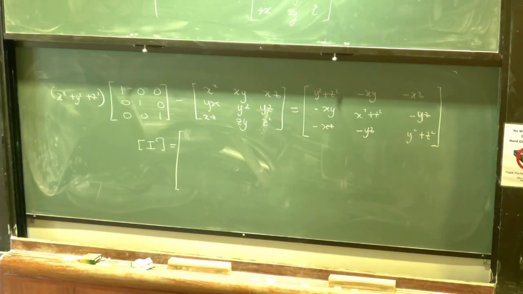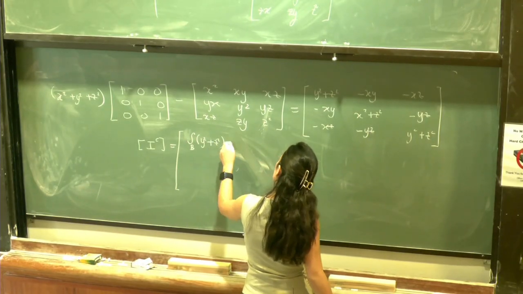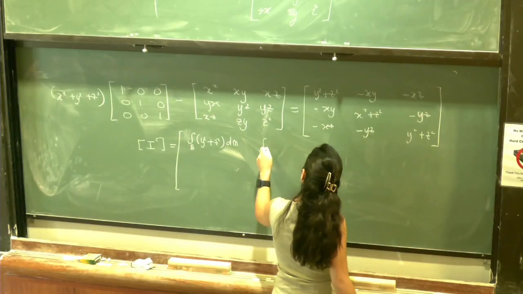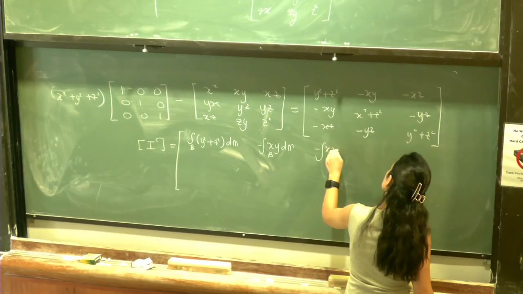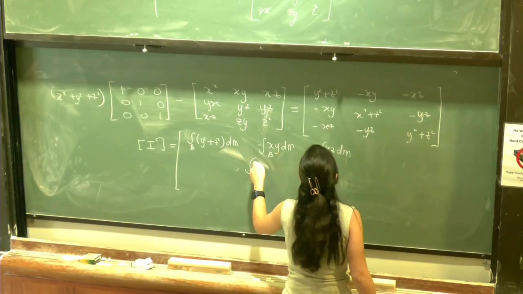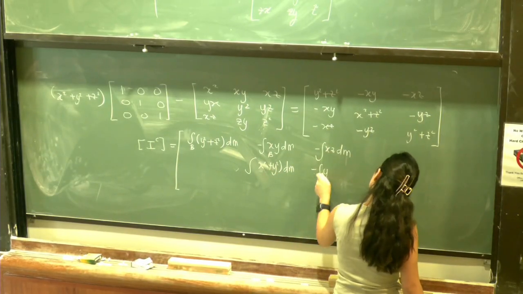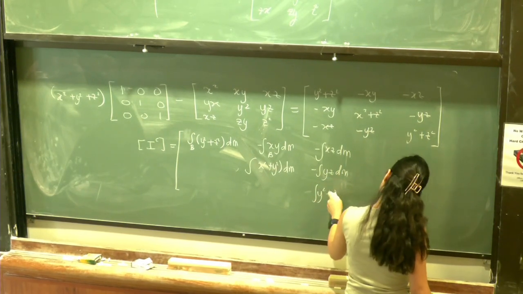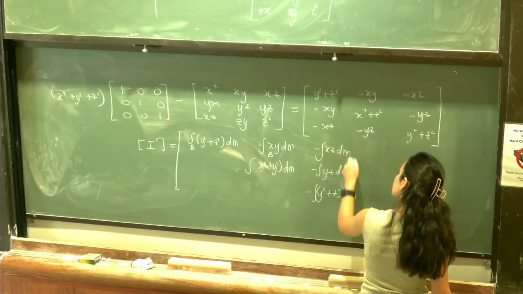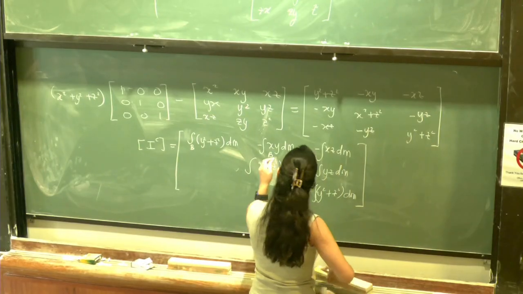Okay, so the inertia matrix is going to be the integral of each of the individual terms, the integral over the body of dm. What is it?